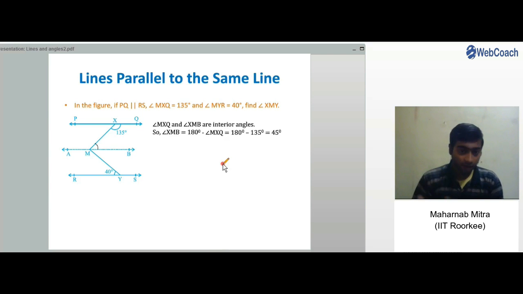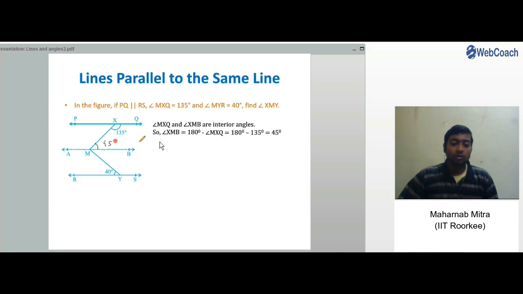As these are interior angles, they must be supplementary, so angle MXQ and angle XMB must add up to 180 degrees, and we are using this here to find out the value of angle XMB. So 180 degrees minus angle MXQ must be angle XMB, right? So 180 degrees minus 135 degrees is 45 degrees, so angle XMB comes out to be 45 degrees.